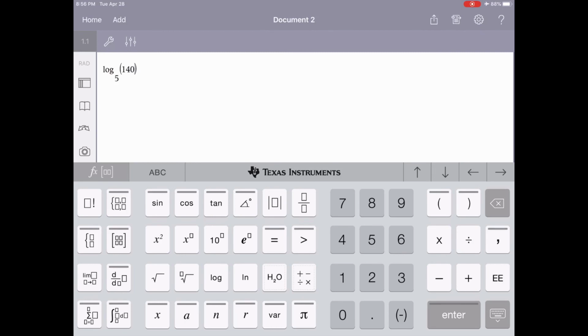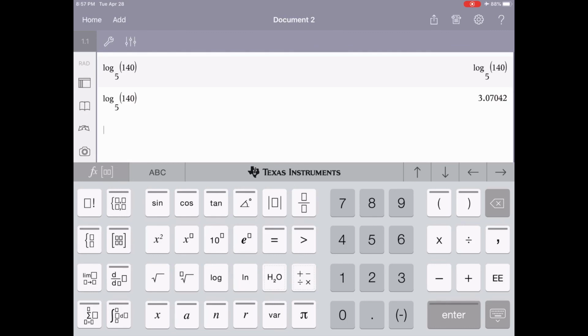I forgot I have to make it do the approximation here. So let's copy that, paste that there. That's kind of a cool feature. Let's give the decimal approximation to this. So it is 3.07, which is about what I said it was in the previous part of the video.